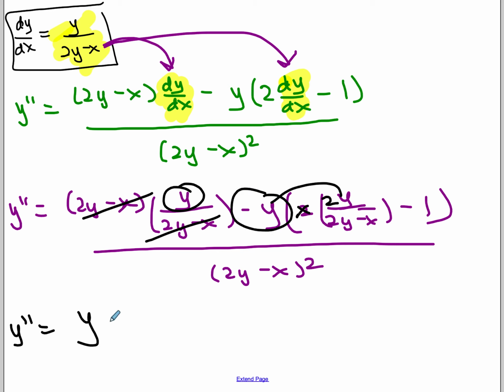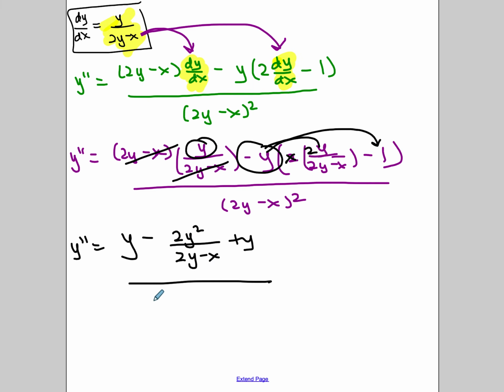Distribute my negative y, so I'd have minus 2y squared over 2y minus x. And then I would distribute this negative y here, so I'd have plus y, all over my low. Then I'm going to combine like terms. I have y plus y, so I'd have 2y in my numerator.